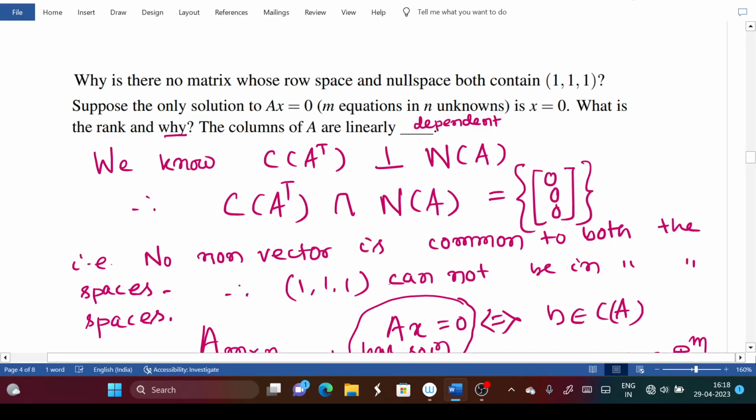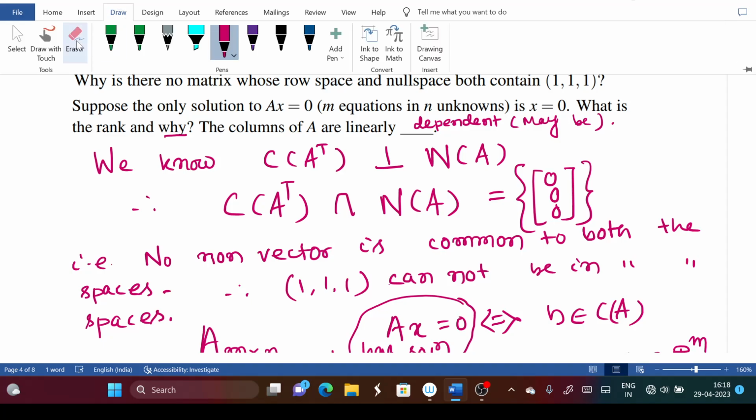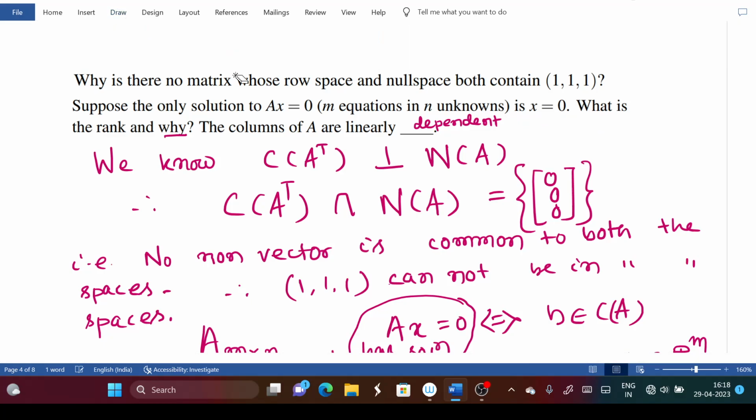If N is greater than M, the columns are dependent.